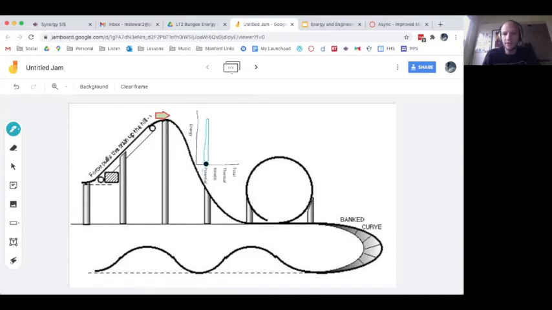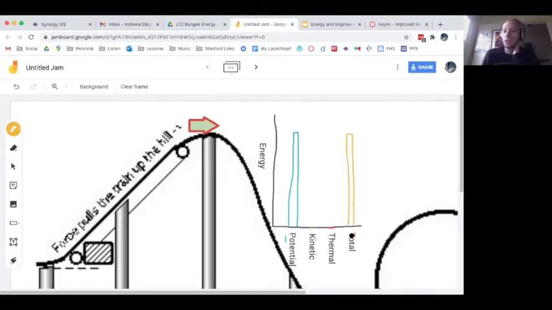So I'm going to give it a lot of potential energy here. And that's all you have to do for the first location. You're going to do this for 3 more locations, and I'm going to show you just one more to give you another example.